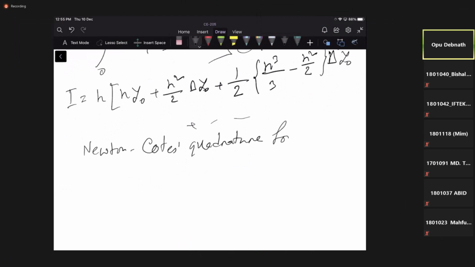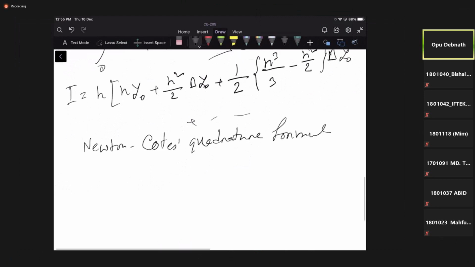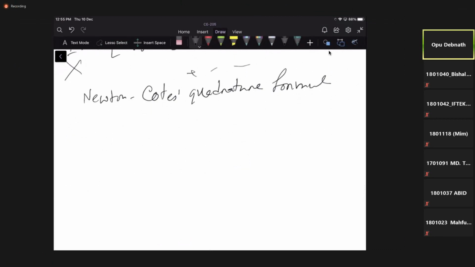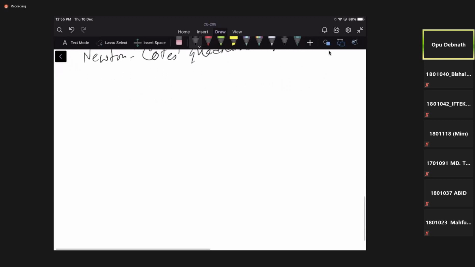Actually, you never need to memorize these equations. I am just showing you how the numerical integration formulas are developed. So just have a look at these equations. In numerical integration, we actually cover a few methods.